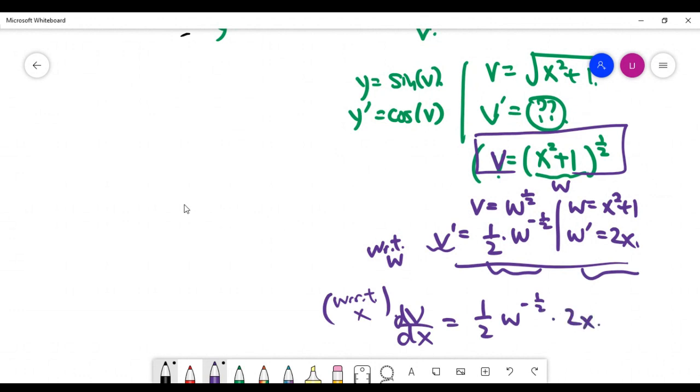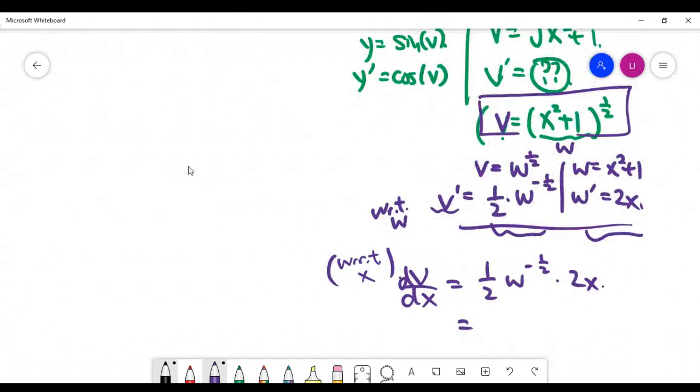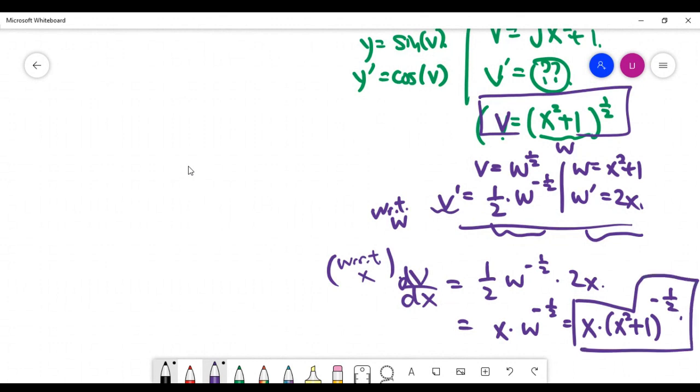And we can write it as x times w to the power minus half equals x times open bracket x squared plus 1 close bracket to the power minus half. And this function is actually the derivative of v with respect to variable x.